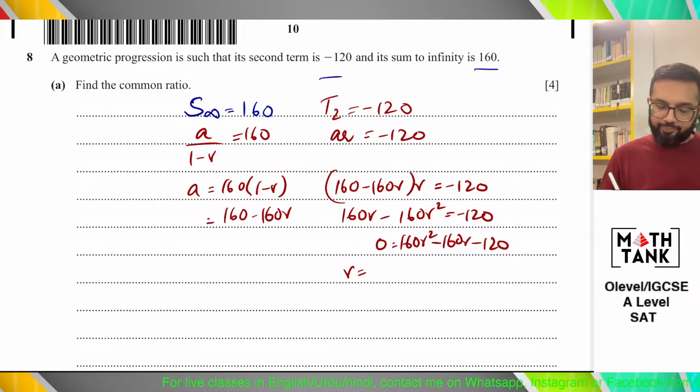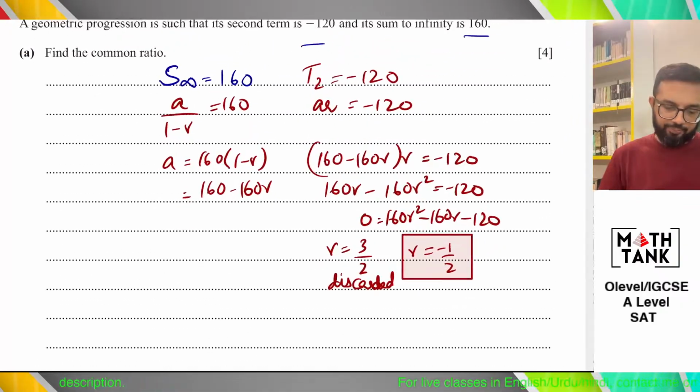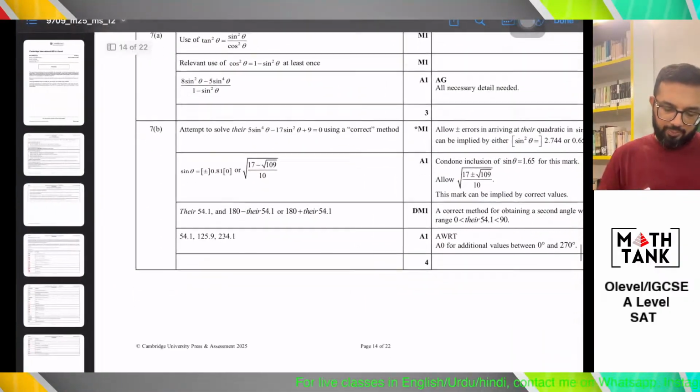Over 2 and minus half. This is discarded. Why? Because if r is greater than 1, you cannot have a sum to infinity.